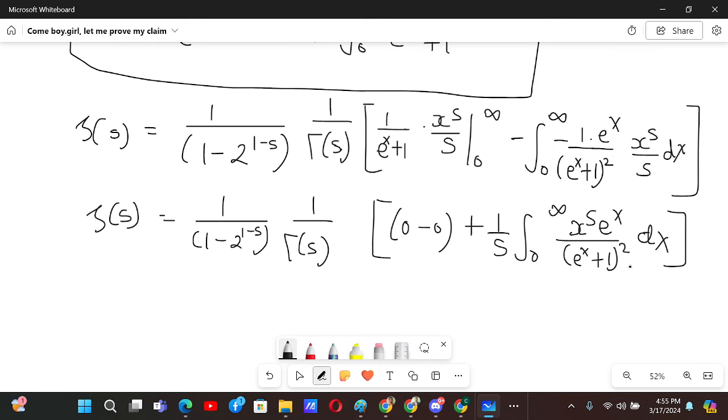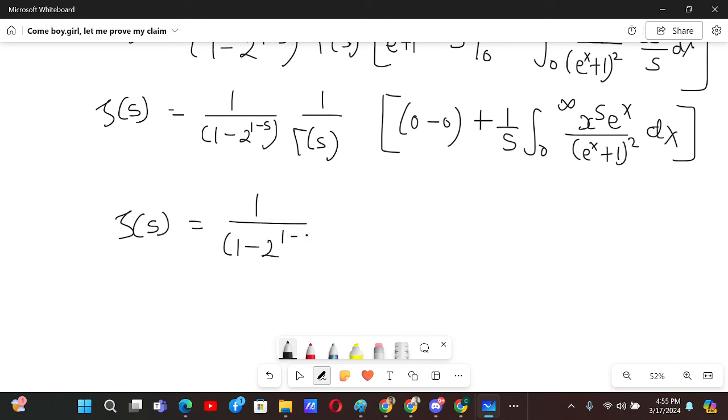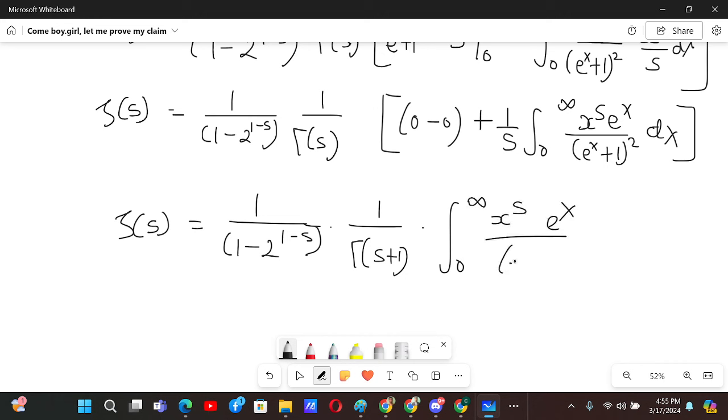Now we take 1 by s outside. That gives us zeta of s is equal to 1 by 1 minus 2 to the power 1 minus s, times 1 by gamma of s plus 1, and this integral from 0 to infinity of x to the power s e to the power x by e to the power x plus 1 whole square dx.